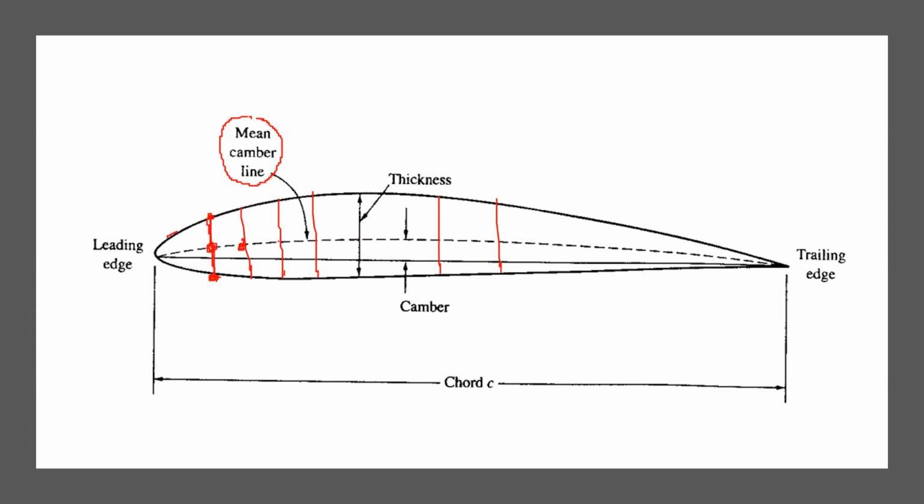If you find all the midpoints and connect them, then you get the mean camber line. Now, what is the definition of camber? Maximum distance between the chord and the mean camber line. Good. So this is the maximum distance. It happens to be here, and that you call camber.